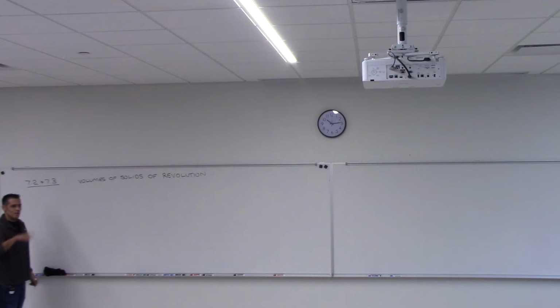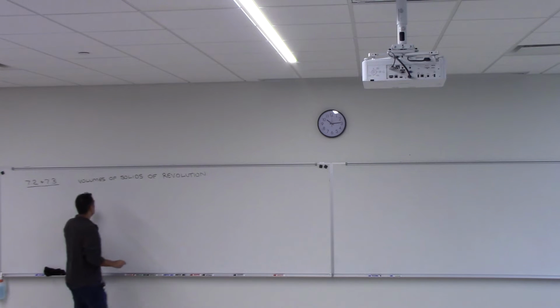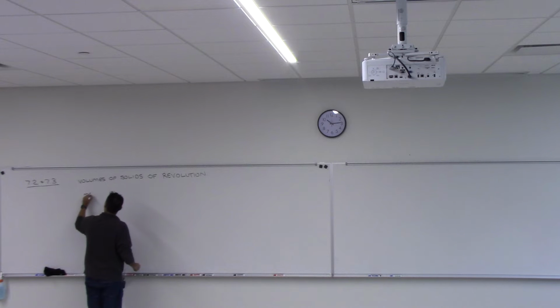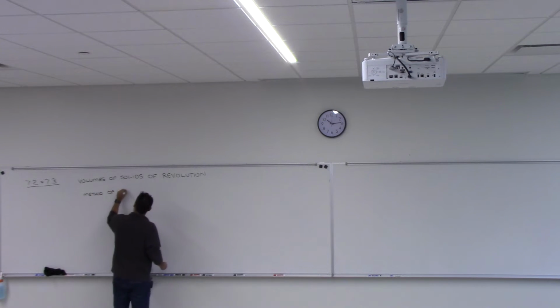But we want to wrap something around an axis. We want to know the volume of that solid, all right? And there's two methods to do this. There's what's called the method of washers and the method of shells. We're going to start with washers. Okay, so method of washers.